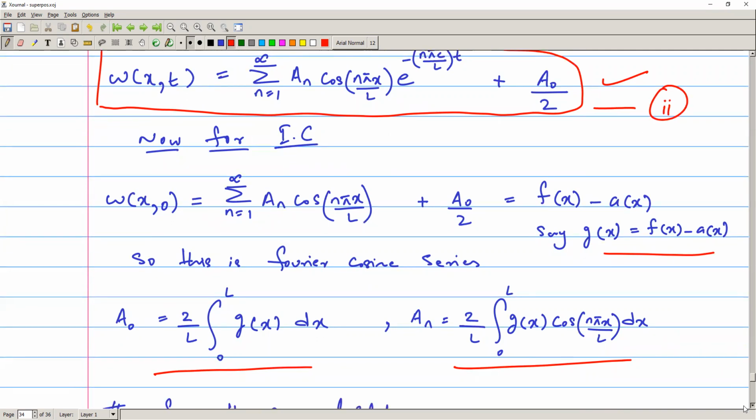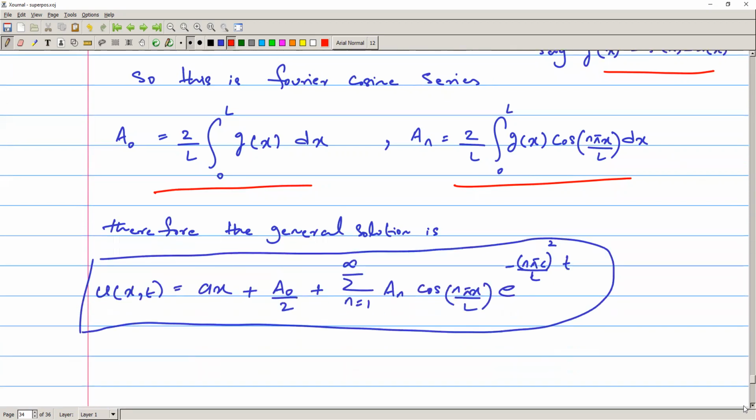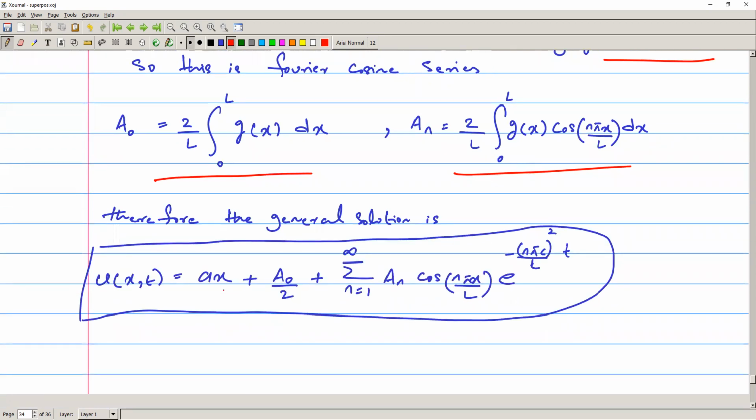In equation number 2, we will get this form: U of x comma t is equal to, we know that U of x comma t is equal to V of x plus W of x comma t, where V of x is equal to Ax and W of x comma t is equal to this part, right?